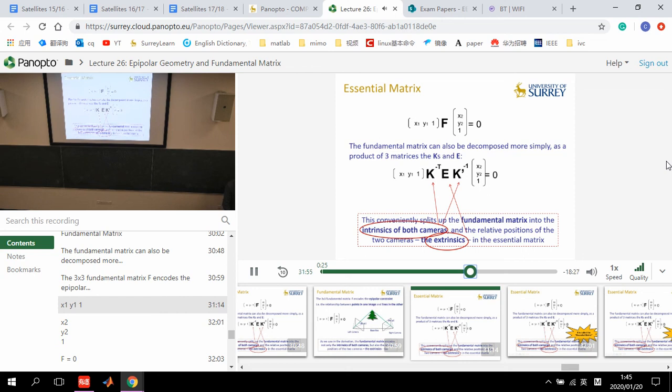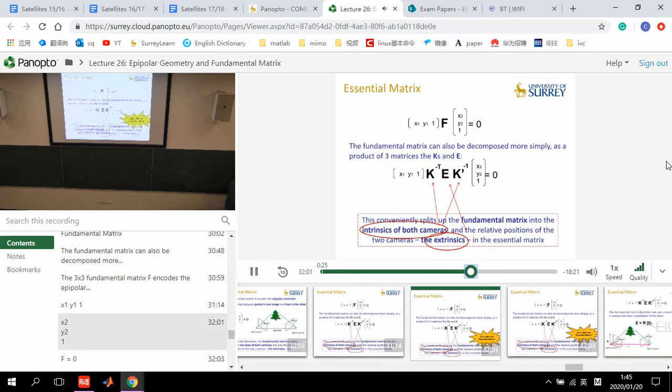So the intrinsics have been factored out, and this E is containing just the extrinsics.